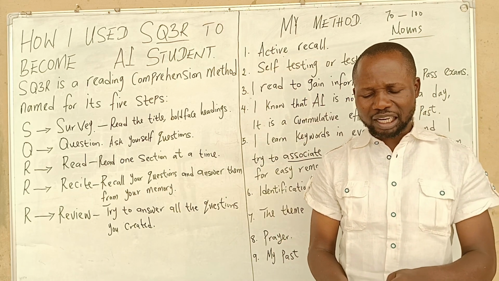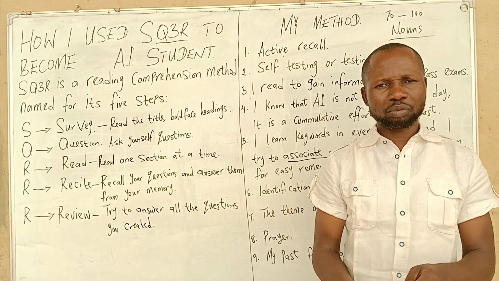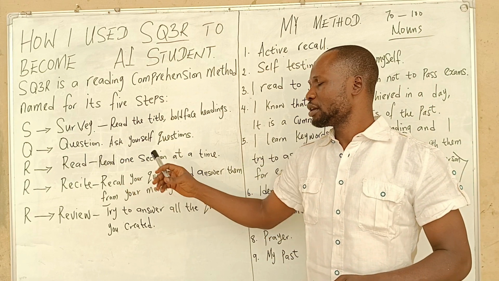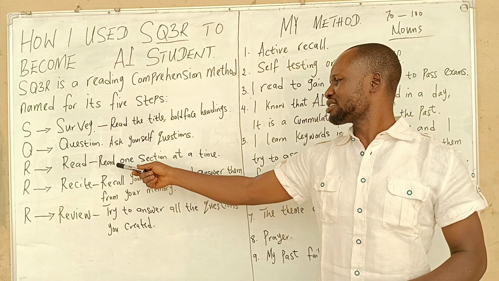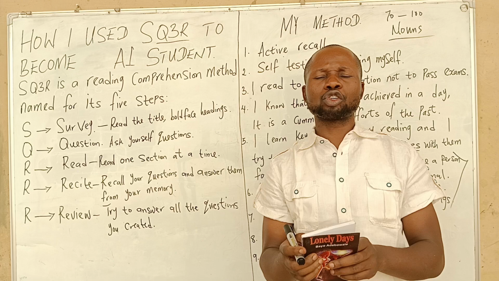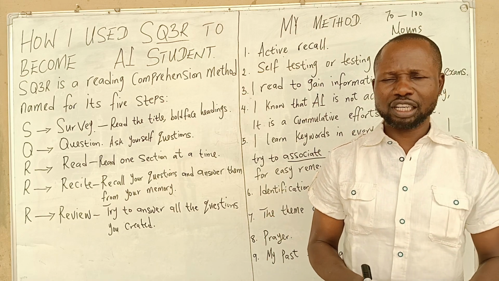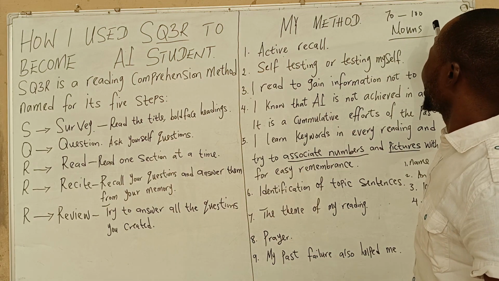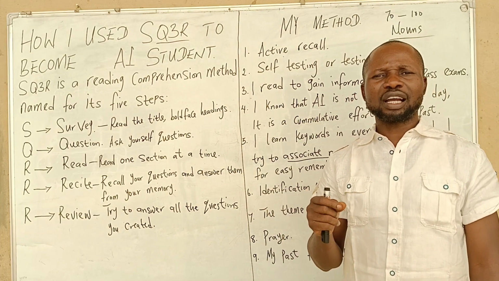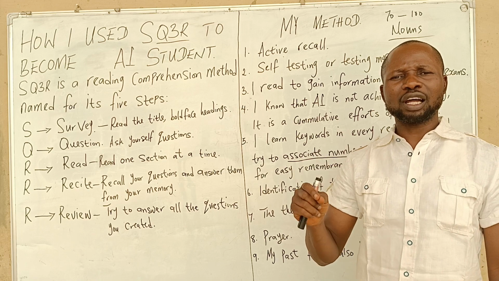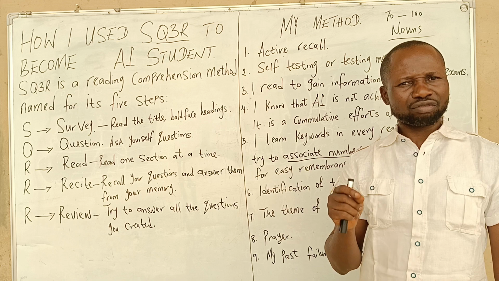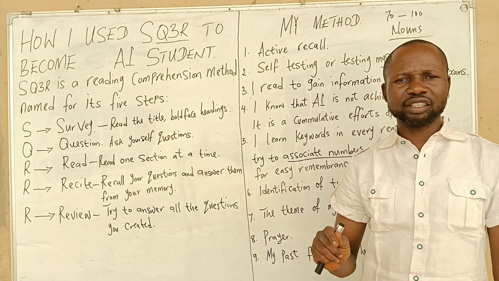Write those questions down. Then after that, you go to read. That is when you now start properly from page one or from chapter one. When you start reading, please read one section at a time. For example, if you want to read an English textbook, I'll be using nouns as my example. Reading one section at a time means read only nouns.